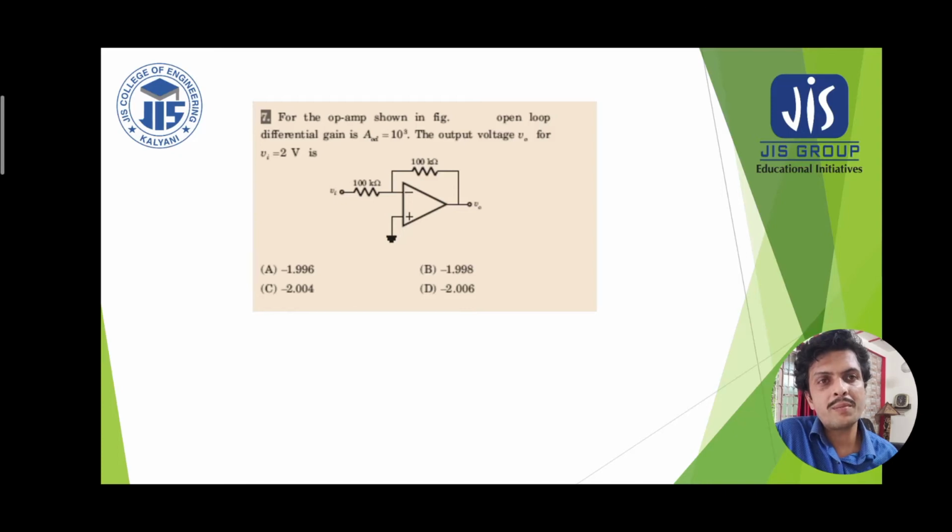So (0 minus Vi) by 100 gives one current flowing towards the left-hand side. Another current flowing through the feedback network is (0 minus V0) by 100 kilo. Therefore, if we calculate V0 by Vi, it will be close to 1. It is a very simple calculation that shows how to calculate the differential gain, that is AOL, through Kirchhoff's current law.